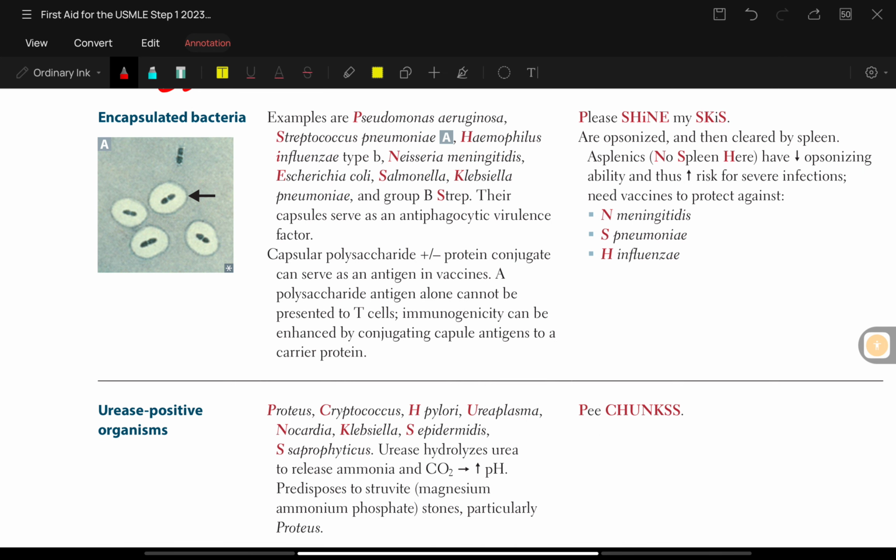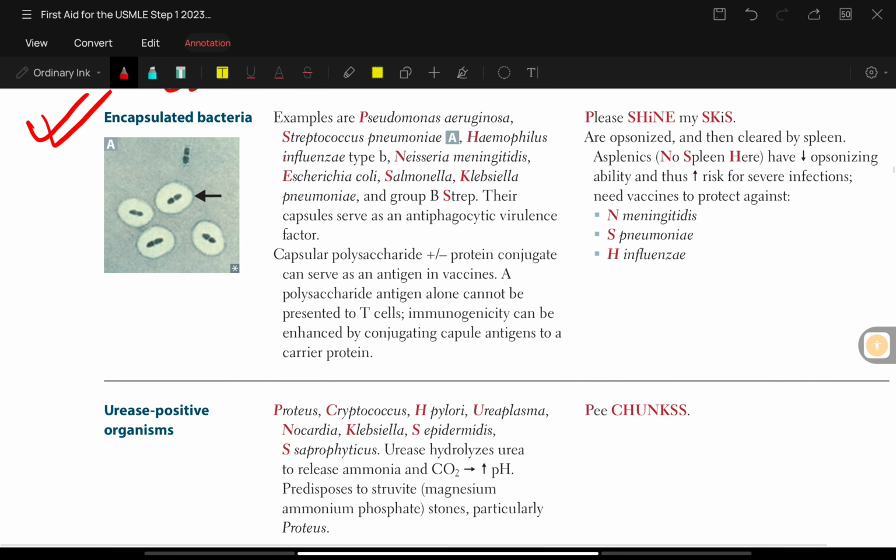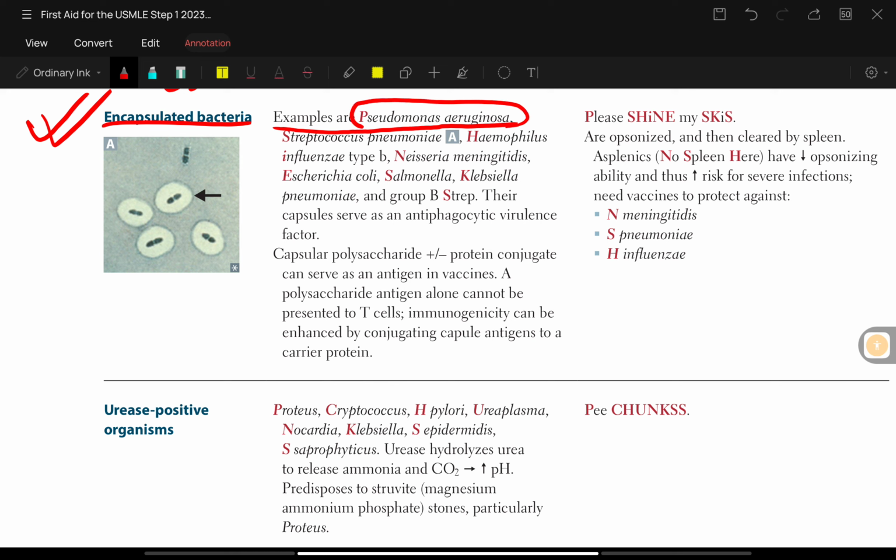Now talking about the encapsulated bacteria. The mnemonic given here is Please SHINE my SKIS.